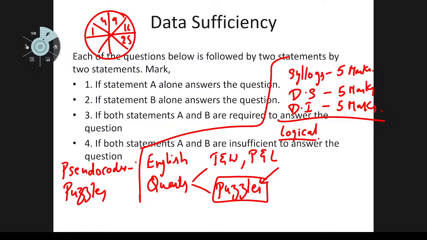Now, the puzzles I am talking about here in quants are basically the seating arrangement. Data arrangements actually, which I call puzzles, but for your understanding, it is data arrangements, or I would say seating arrangement. People sitting in a row, people sitting in a circle, or it can be a multi-dimensional arrangement also.